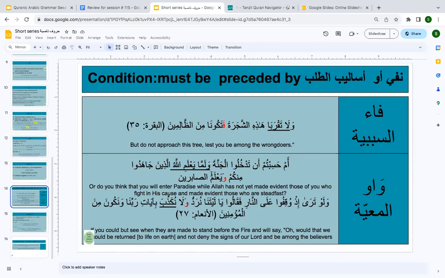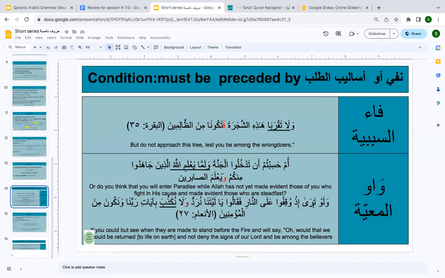That could be one of the reasons why the mudare is mansub after it. Everyone got it or no? For this Wawul Ma'iyya, please make sure that you see and find nafi or asalibut talab before.